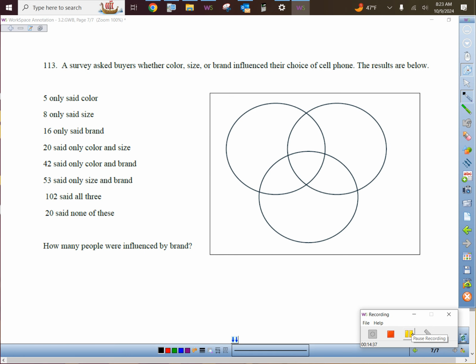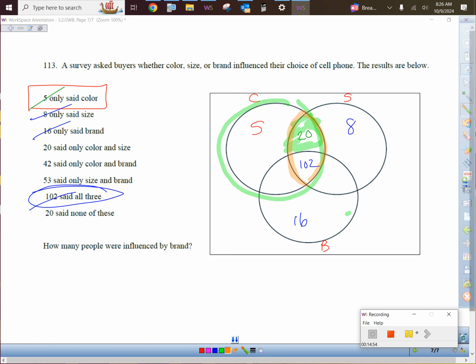Let's start the last one by reading it and seeing if you could label the 3 circles. Green or orange?